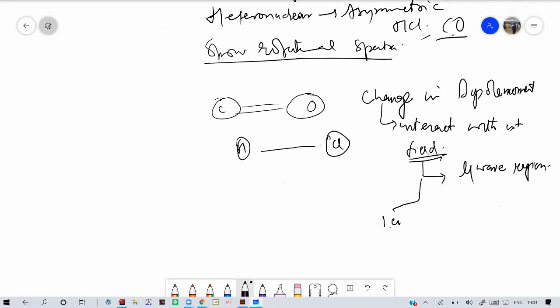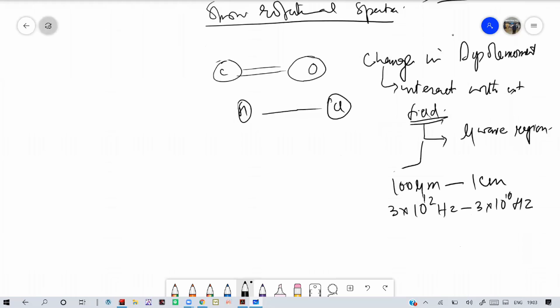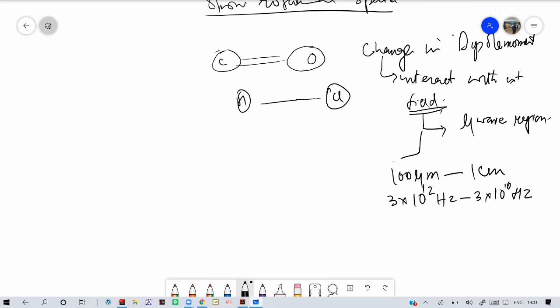This corresponds to a frequency range of about 10^10 hertz to 10^12 hertz, and the energy is about 10^-23 to 10^-21 joules.